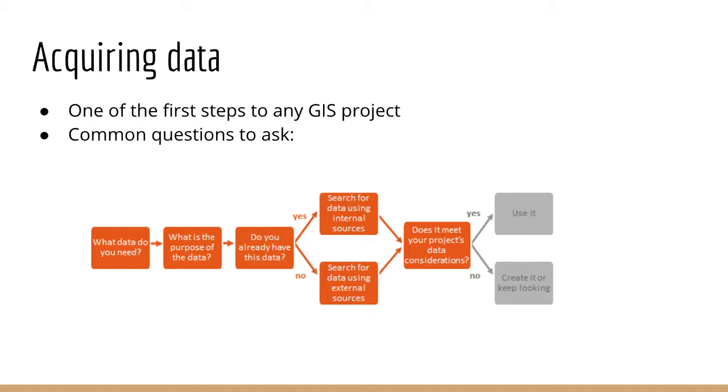Another project I'm looking at doing right now is looking at the slope of trails in the national forest. They're trying to better maintain trails, and the steeper slopes are the ones they need to focus on first. So the purpose of the data would be the location of the trails, and we also need slope data to determine the trails that are maybe on slope that's too steep.